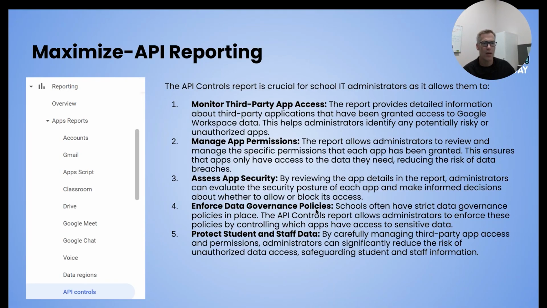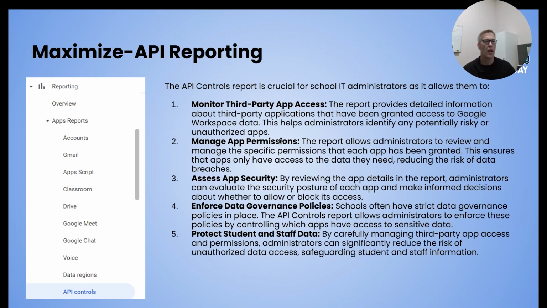API reporting. Okay, so this is a great one to take a look at: what tools are using API to access our Google environment. Underneath the reporting menu, apps, reports, and API controls, you can take a look at, again, last year Google forced administrators to take a look at their API environment and determine which tools were utilizing Google for login.